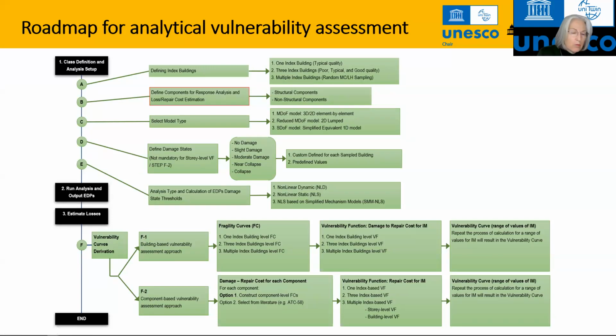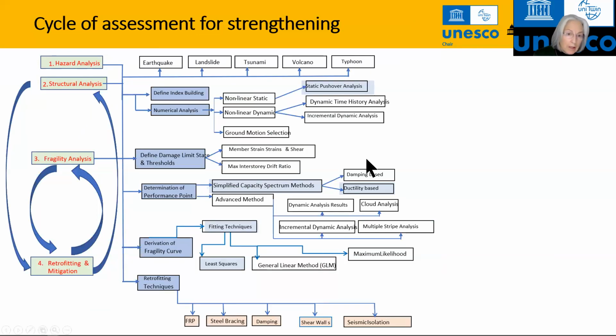But quite interestingly, we can use this same approach, and as I said, not just for any type of structures, but conceptually for any type of hazards, to then identify the most suitable retrofit mitigations, which can be of different types depending on the type of structure, and then go back to the structural analysis, reperform the structural analysis, reperform the fragility analysis, and look at the vulnerability analysis, and look at the shift of the vulnerability functions that ensures us that we are actually improving the performance of the structure.